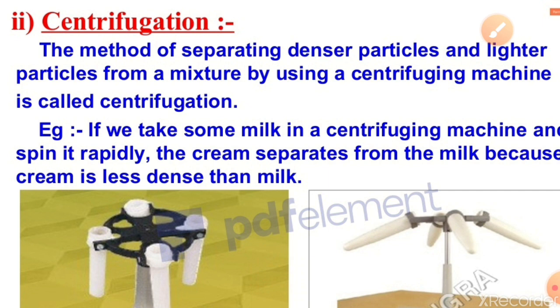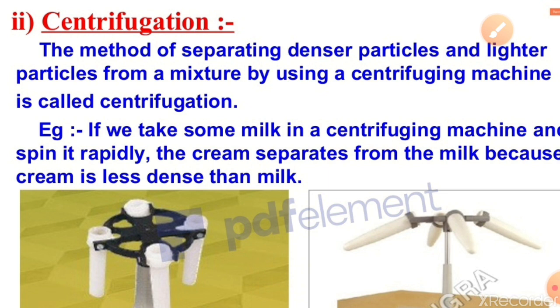Centrifugation means it's a method for separating denser particles and lighter particles. A centrifuging machine means the simple machine you see at your home when your mother separates the cream from the milk. That machine can also be called a centrifuging machine. For example, if we take some milk in a centrifuging machine and spin it rapidly, the cream separates from the milk because cream is less dense than milk.